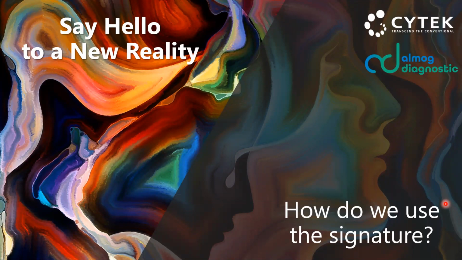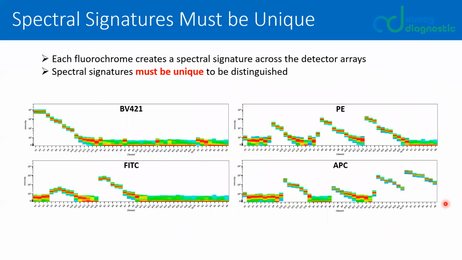So in the next few slides, we will see how we are using the signature. First, we have to understand that a spectral signature must be unique in order to distinguish between different dyes. We can see here just 4 examples of signatures for different dyes.